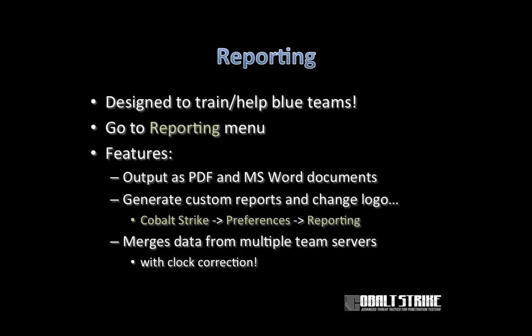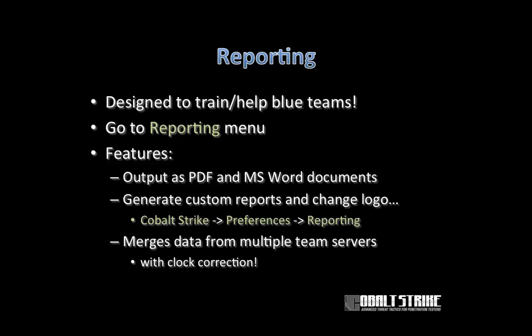Here's something else that's very novel. I mentioned before that Cobalt Strike is designed to work with multiple team servers, okay? No one server has the entire story for the whole engagement. When you generate a report, Cobalt Strike merges the data from all those team servers into one data model.